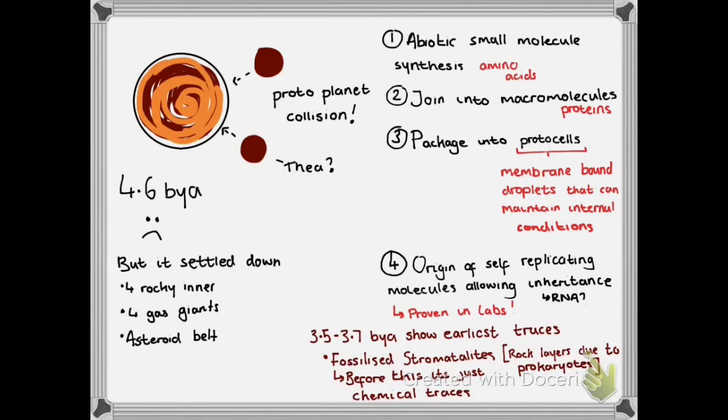So first off, you have your abiotic synthesis of small molecules like amino acids, and just a quick reminder that abiotic means non-living. Then you had these small molecules joining together to form macromolecules. So for example, amino acids join together to form a protein. These would then be packaged into protocells.